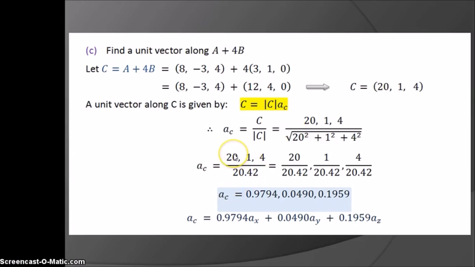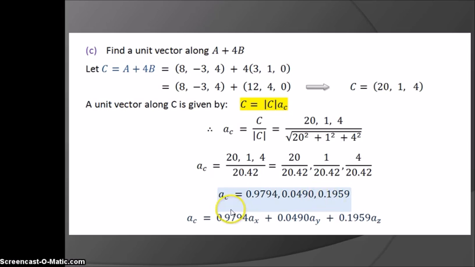Then you divide by this common denominator, so 20 all over 20.42, comma 1 all over 20.42, comma 4 all over 20.42. That will give you 0.9794, comma 0.0490, comma 0.1959.